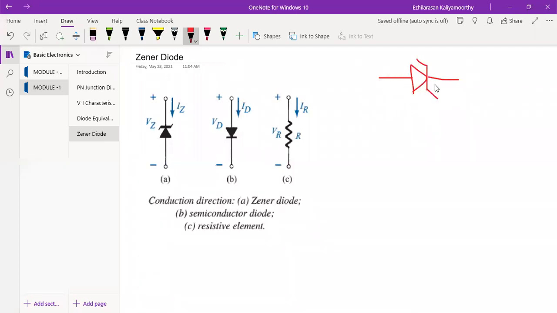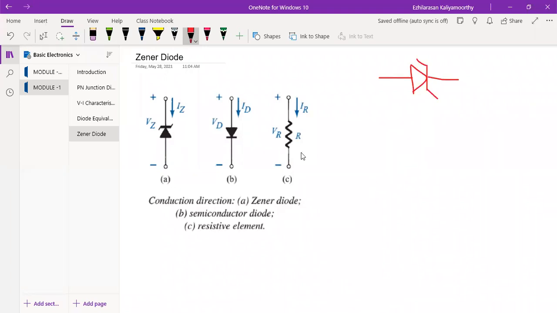Now we can ask, what is the difference between the PN junction diode, that is a normal conventional diode, and the Zener diode? Normally, the Zener diode will behave just like a normal general purpose diode, consisting of a silicon PN junction, when biased in the forward direction.